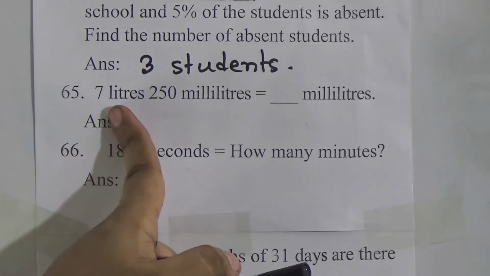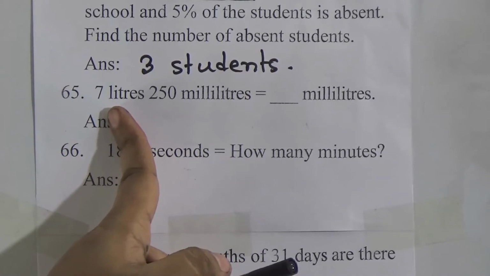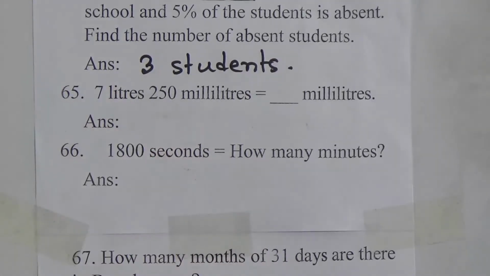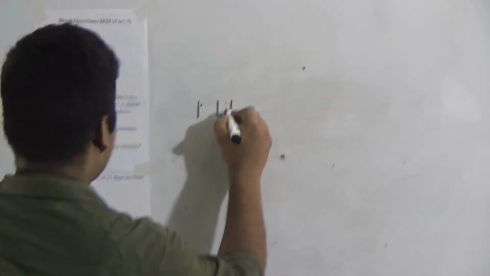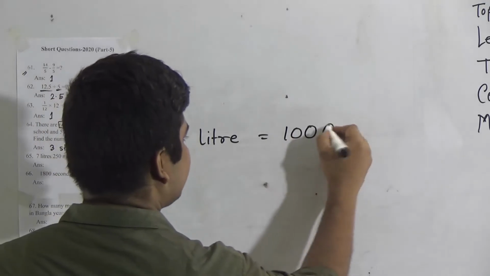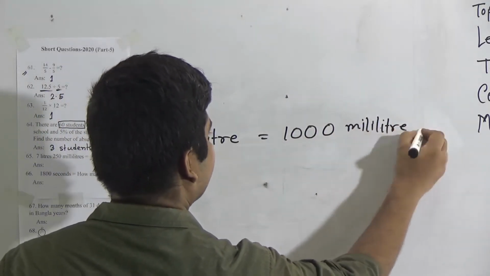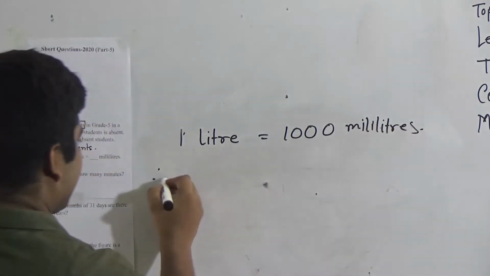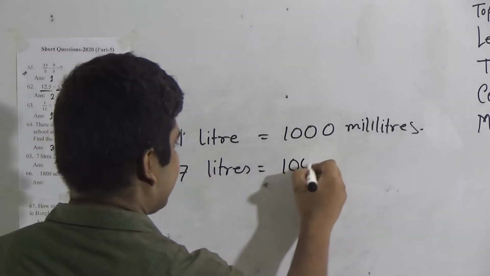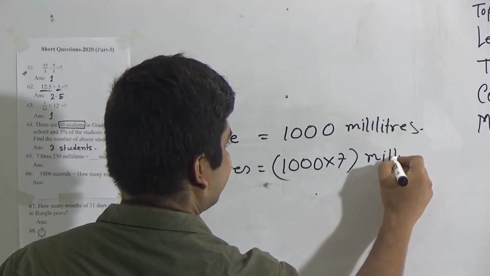So 1 liter equal to how many milliliters? At first you need to know first. So we know that 1 liter equal to 1000 milliliters. Therefore here 7 liters equal to, we multiply this 1000 by 7 and we get the amount of milliliters.